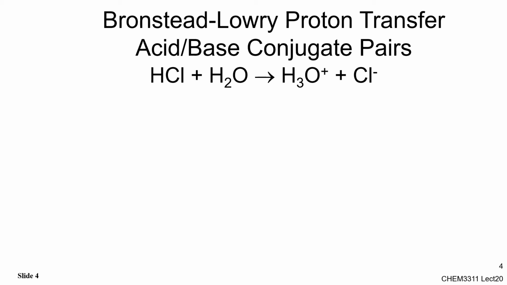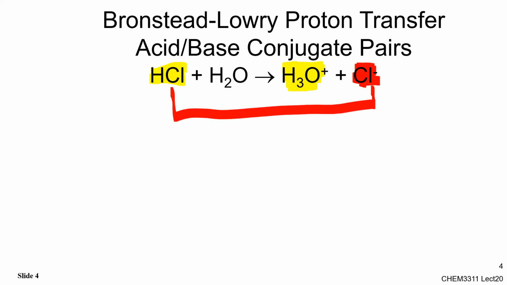So we have a hydrochloric acid molecule, and it's losing a proton to make hydronium, and its conjugate base is chloride. So that's an acid-base pair, right?